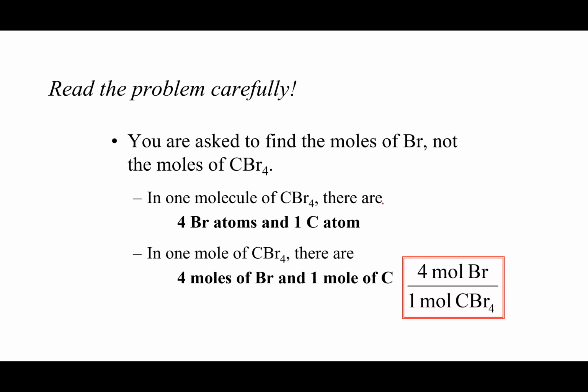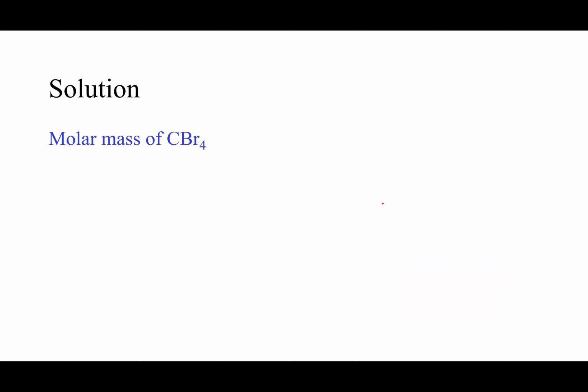We can split it up. That little ratio right there, you're going to see it when we knock out this problem. The problem's going to start just like the other problems. We're going to go from grams of the compound to moles of the compound, and then once we have moles of the compound, we can go to moles of bromine atoms. So here we go.